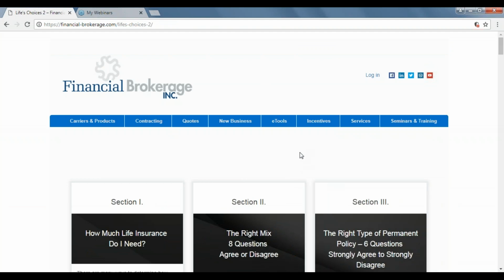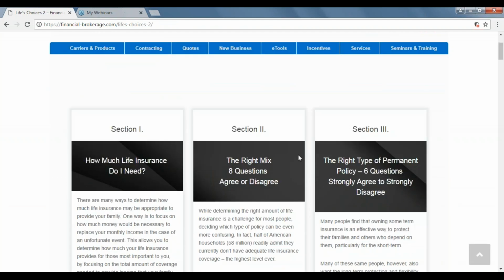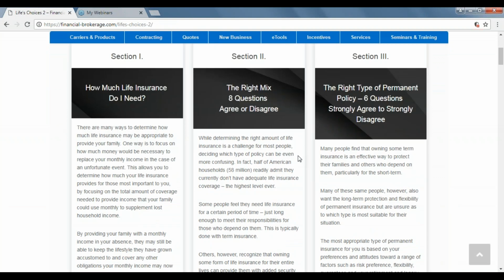And you'll see the different sections. Now, this is designed to be used with your clients online on a computer, if that's how you present to folks, or if you scroll to the very bottom, we do have a PDF version of this, which you could save to your desktop, email to somebody, or print off and do by paper.